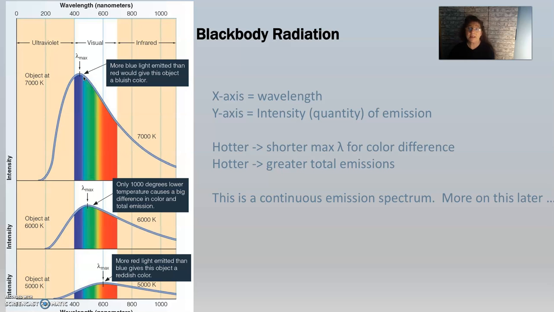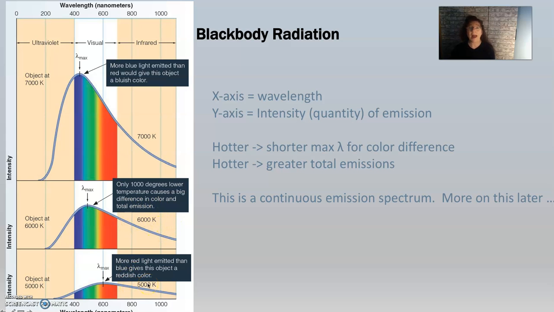And a star that is cooler than the sun will not only have a longer wavelength, more toward green in the visual field, more toward 500 nanometers, but it will have lower total emissions. So the area under the black body curve will be much less at 6,000 Kelvin.